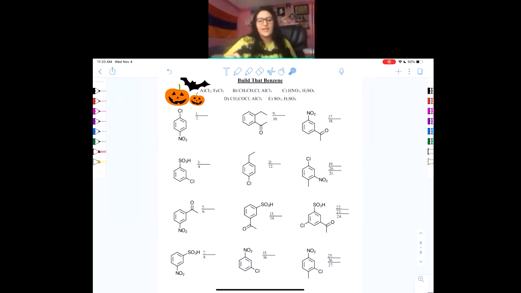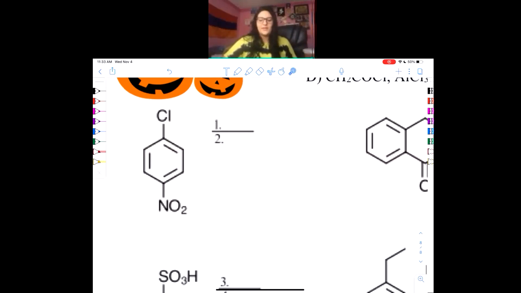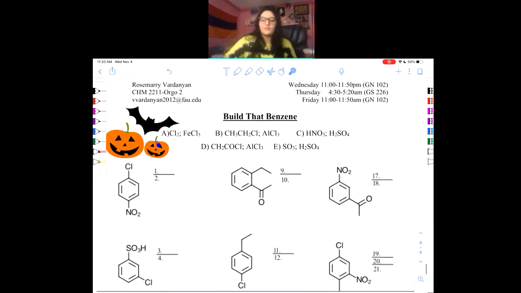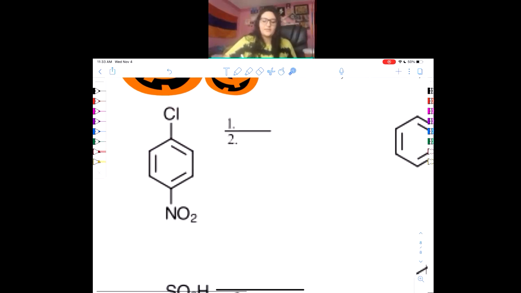So essentially how you play the game is, I'll zoom into one of them. So these answer choices are all the reagents that you use to add something to the ring. So you're going to go here and there's 1 and 2. And so you're going to add which one of these were added to the ring first.